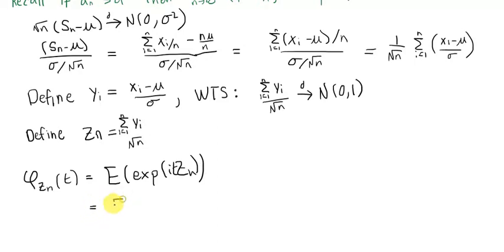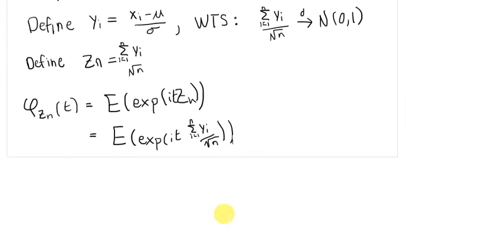Then we have the expected value of exp it times the summation i equals 1 to n yi over square root n. And this is by the definition of Zn, so I haven't used anything special yet.